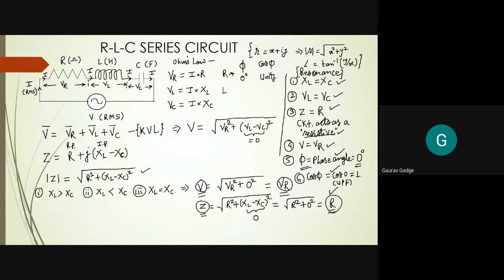Okay. Now if I ask you for inductor, minus 90 degree, it means lags. If I ask you for capacitor, plus 90 degree, it means leads. So you just have to do the revision of this.